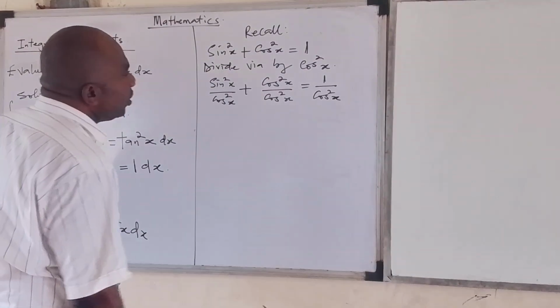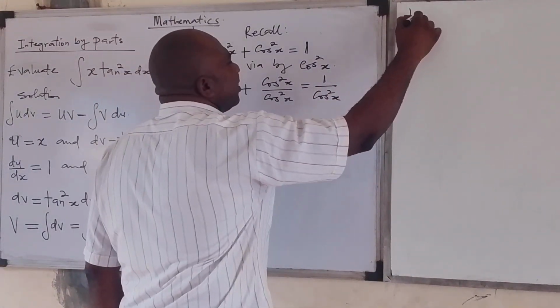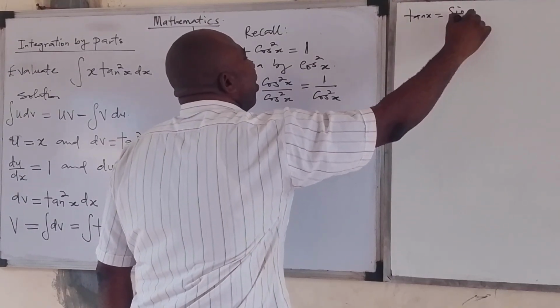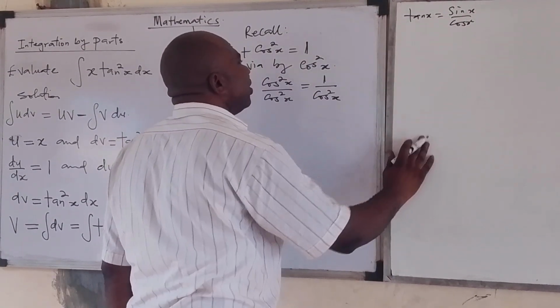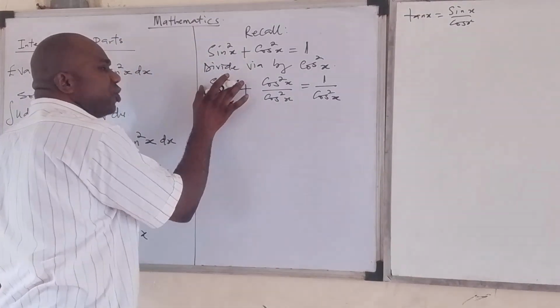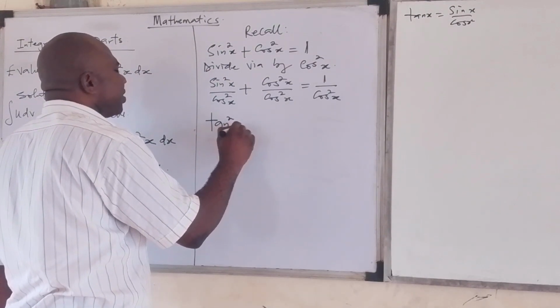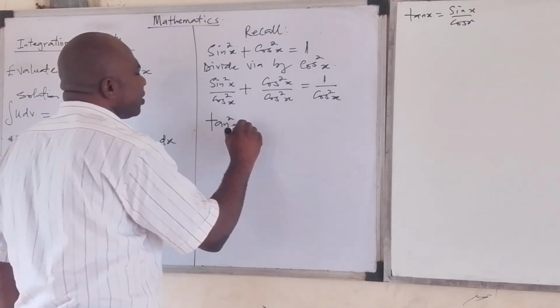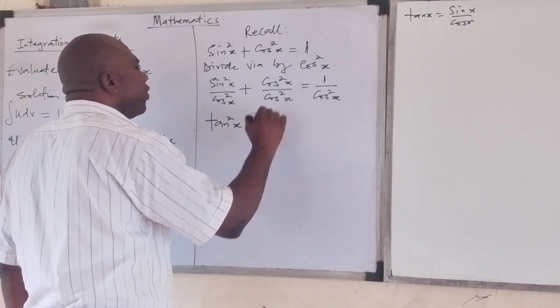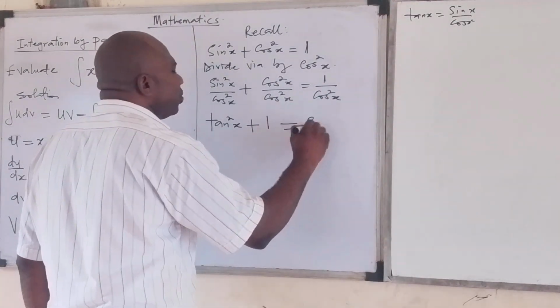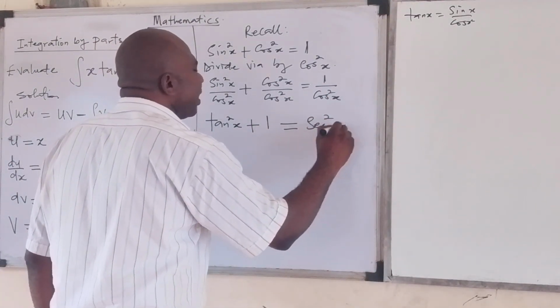We all know that tan x is the same thing as sin x over cos x. It therefore means that sin squared x over cos squared x is tan squared x. So we have tan squared x plus 1, and the whole of this is equal to sec squared x.